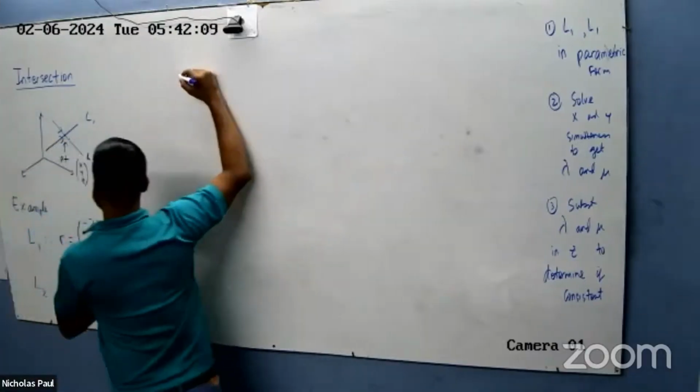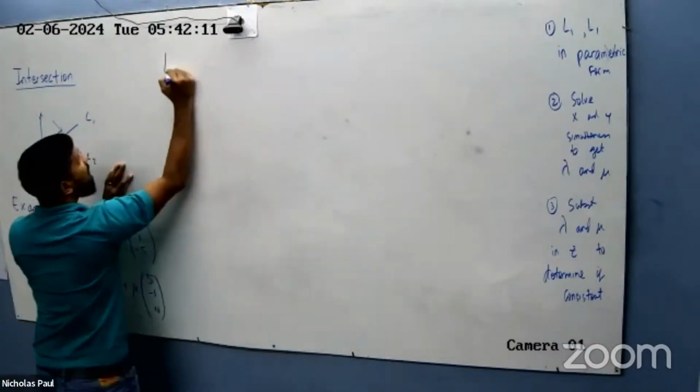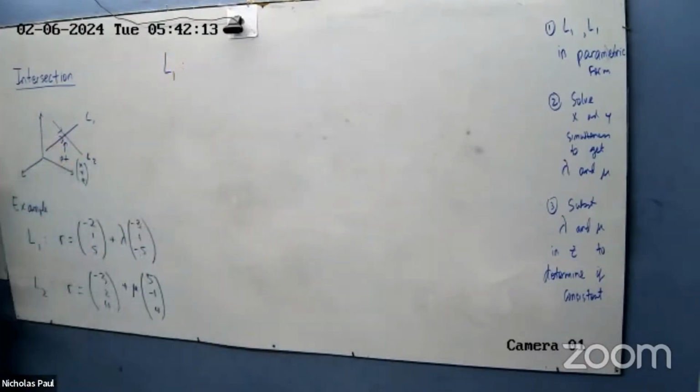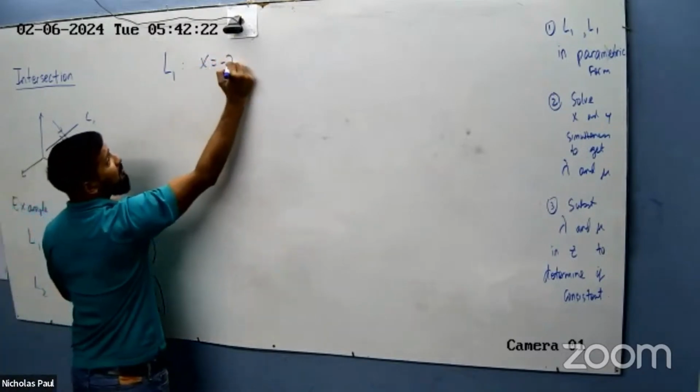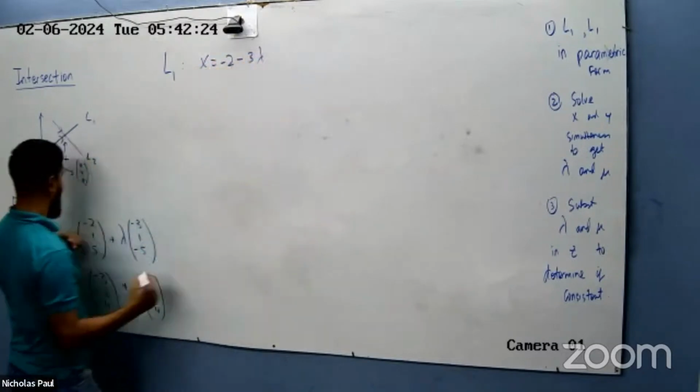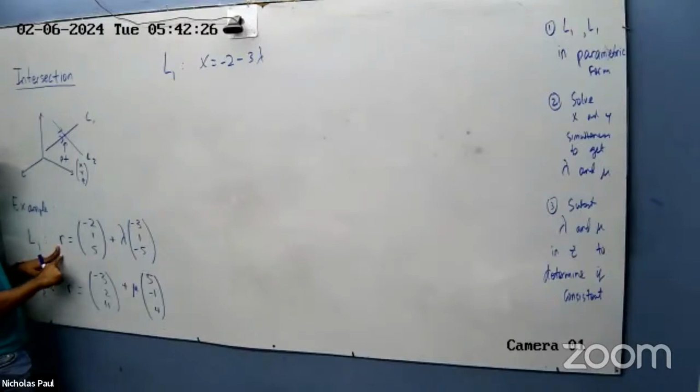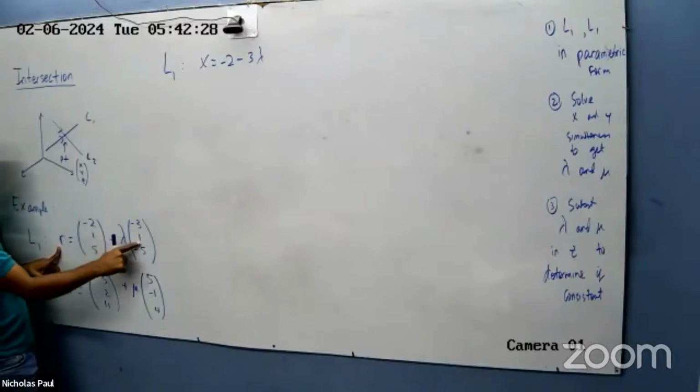So step number 1, for L1, I'm going to put L1 into the parametric form. R is X, Y, Z, so X is minus 2 minus 3 lambda. Y is equal to 1 plus 1 lambda.